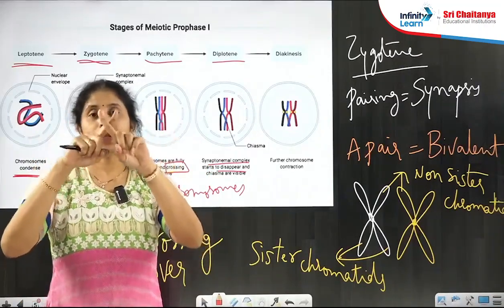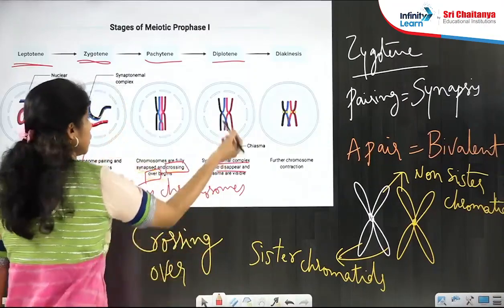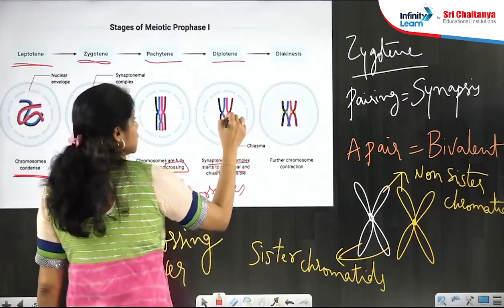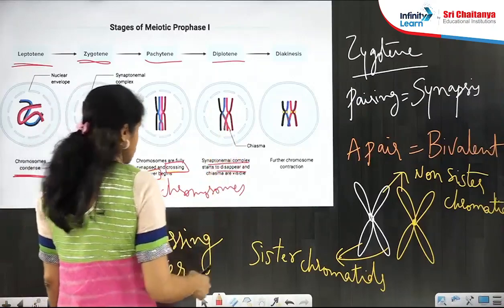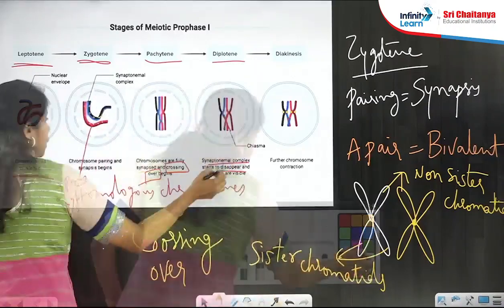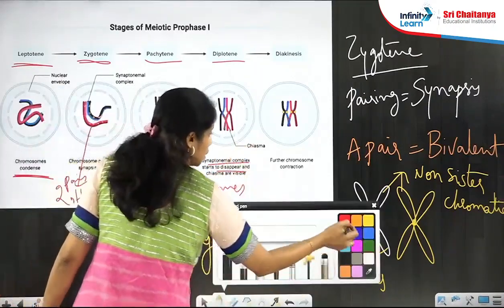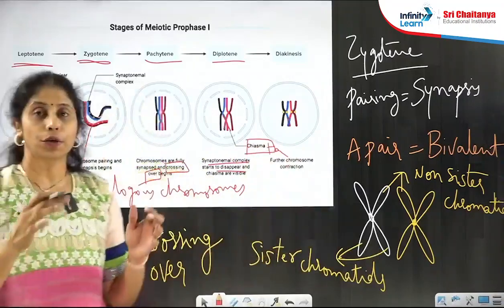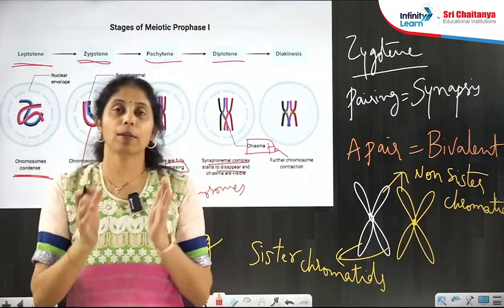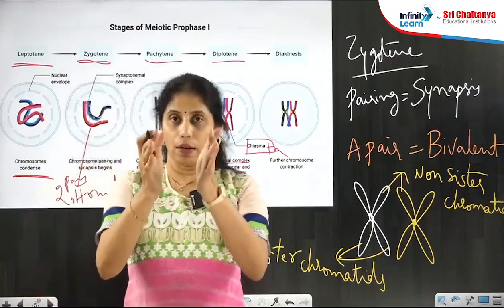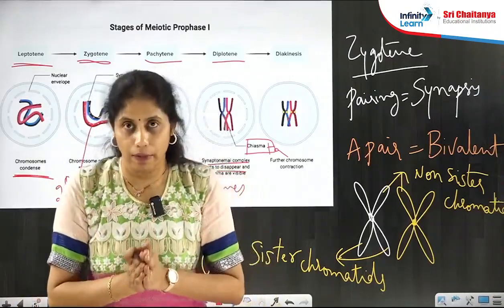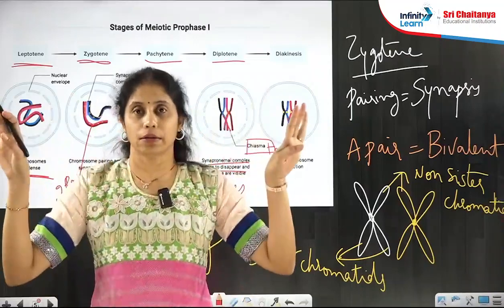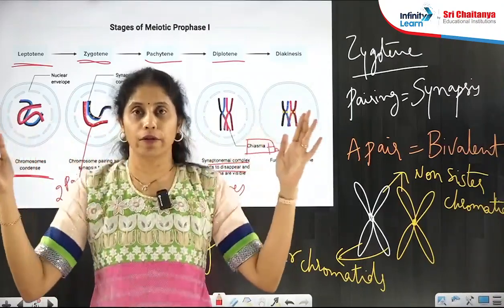Due to that, we can see X-shaped structures. Here all of you can see X-shaped structures are visible. These X-shaped structures are called chiasmata. Chiasma is singular, chiasmata is plural. Due to the dissolution of synaptonemal complex proteins between the two chromosomes of a bivalent, they tend to separate and move away from each other.